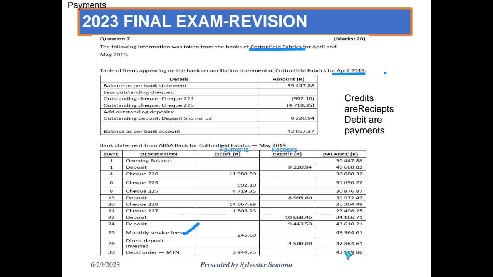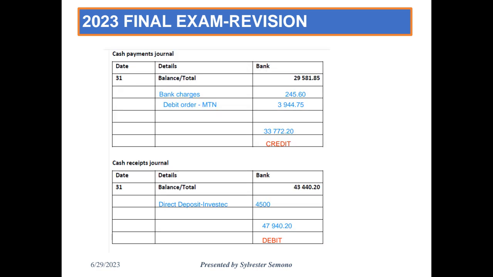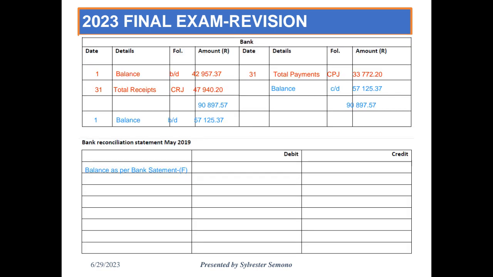So it's favorable. To show that it's favorable, under which side must we record this? Please note the amount, I'm going to need the amount. The credit. It's 43,919.86. Do you agree with Mbali that favorable is debit?